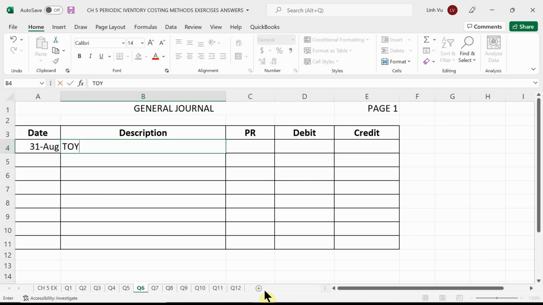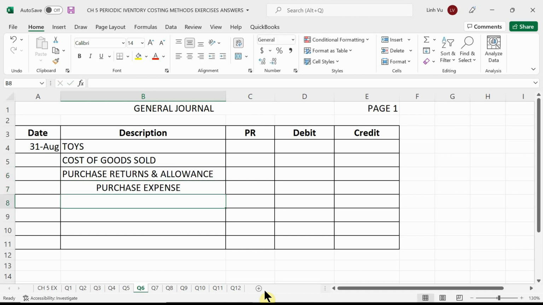Inventory. So in this case, toys. Right? What else? Cost of goods sold. What else? Purchase. What else? Return and allowance. Okay. What else?